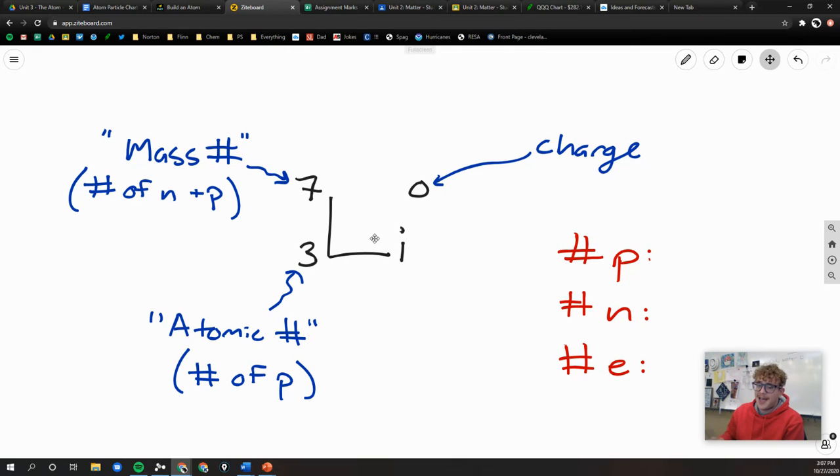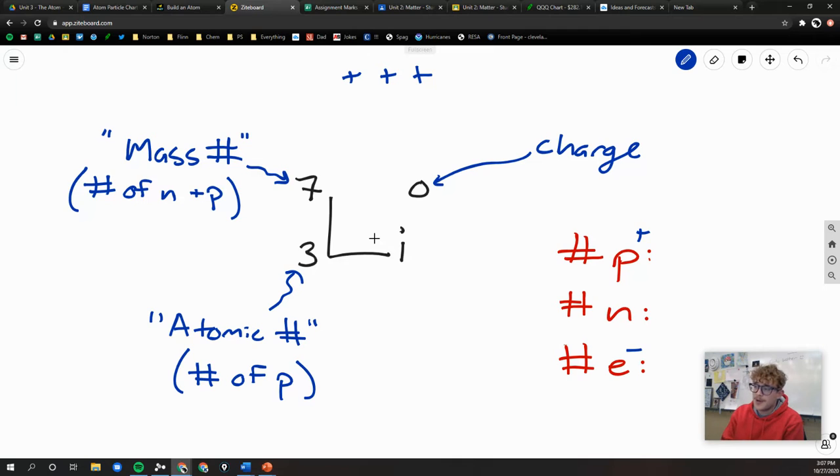Well, remember, atoms are full of charged particles. Protons have a positive charge. Electrons have a negative charge. So if lithium has 3 protons, let me draw these right here. It has 3 protons, and it has an overall charge of 0, then these need to be canceled out.